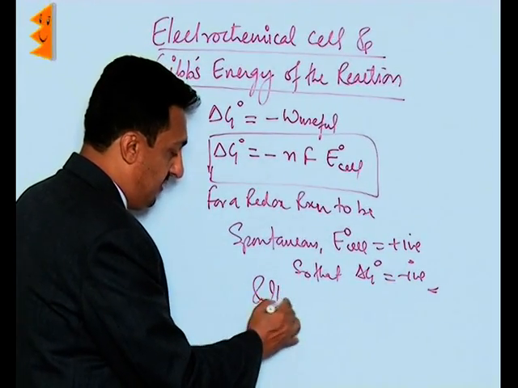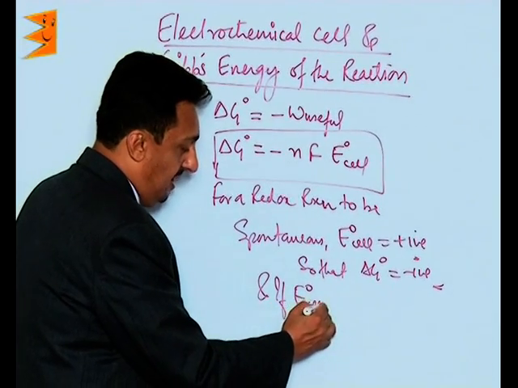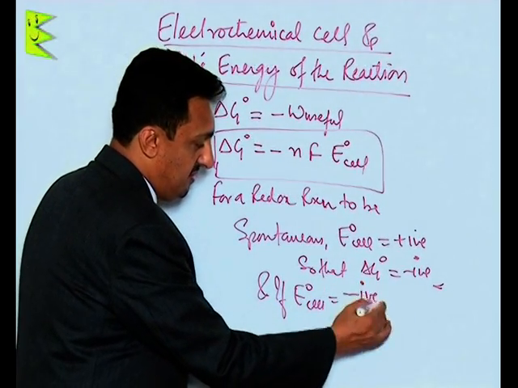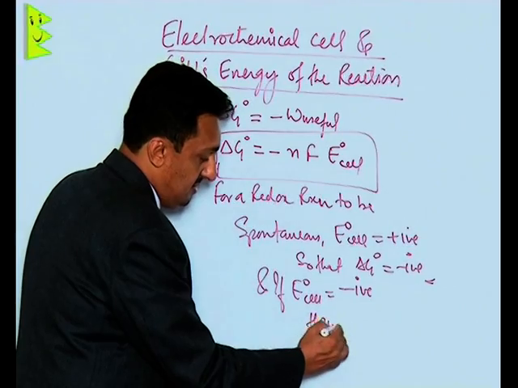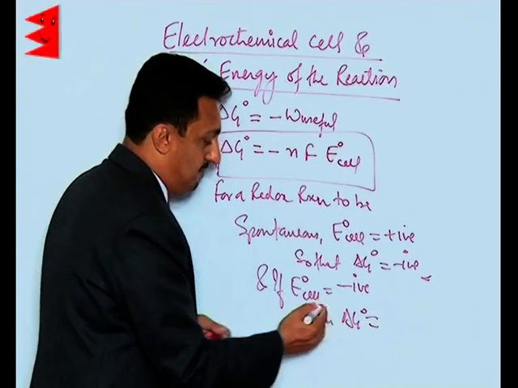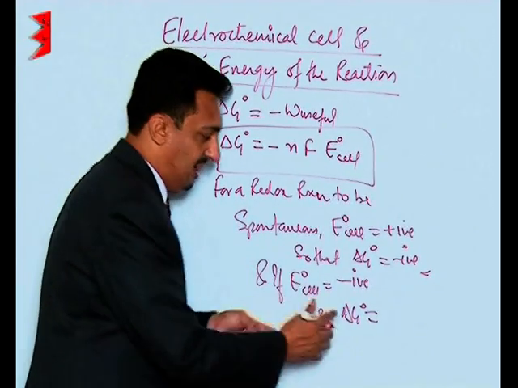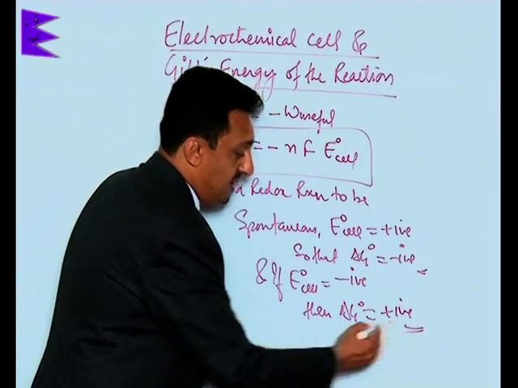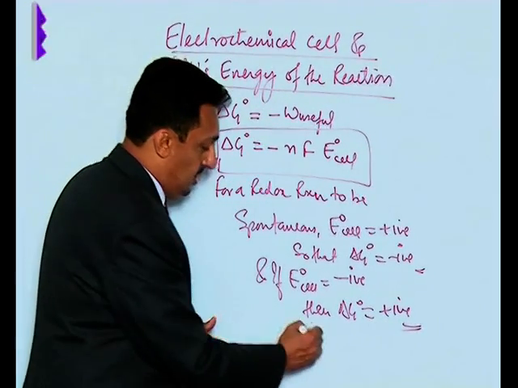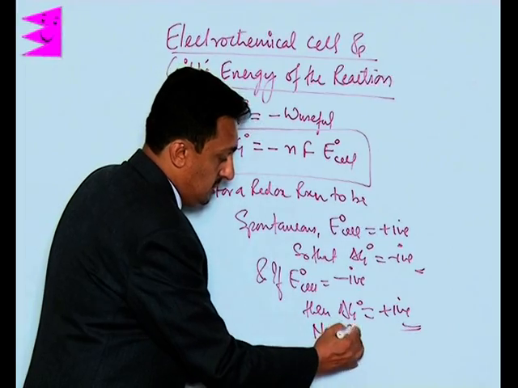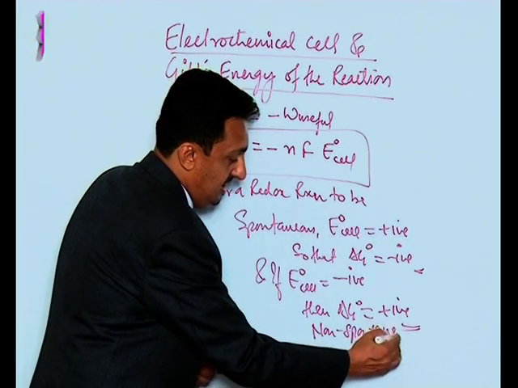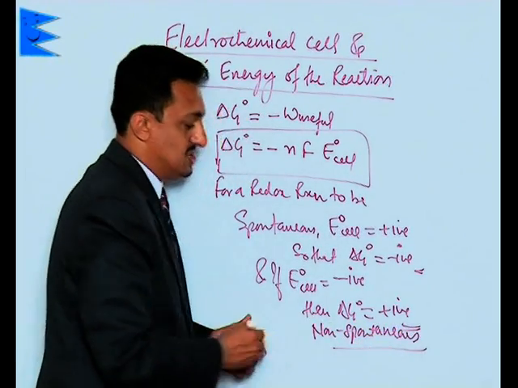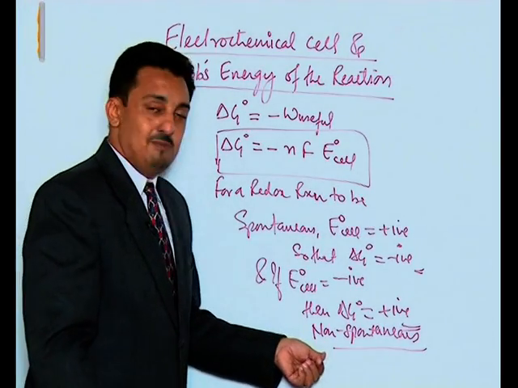And if E naught cell is negative, then the delta G for that particular cell or redox reaction will become positive, which will show that it's a non-spontaneous process or reaction, which will not take place on its own.